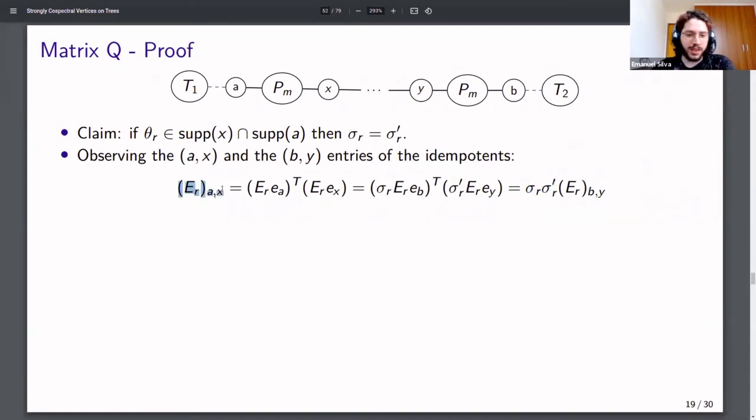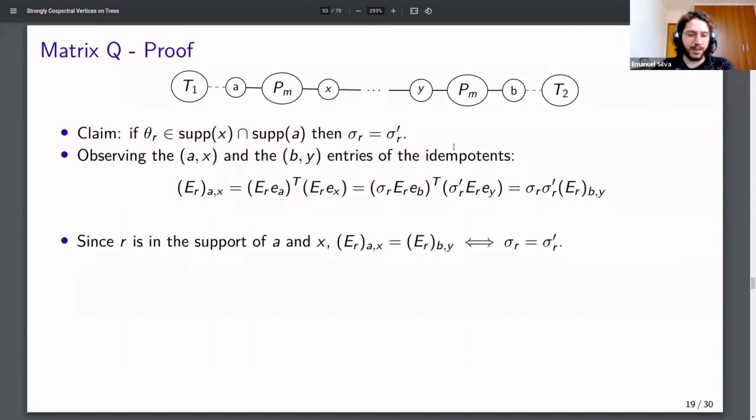So the entry AX is going to be equal to the entry BY if and only if sigma r times sigma r prime is equal to 1. What happens if and only if sigma r is equal to sigma r prime? Therefore, if the entry AX is equal to the entry BY, this would imply that sigma r is equal to sigma r prime, which is precisely what we want.